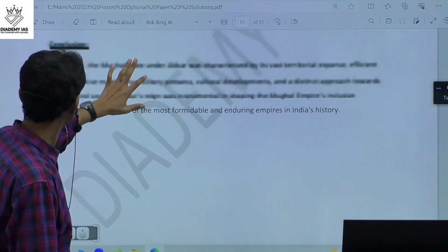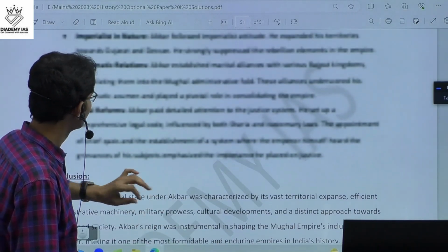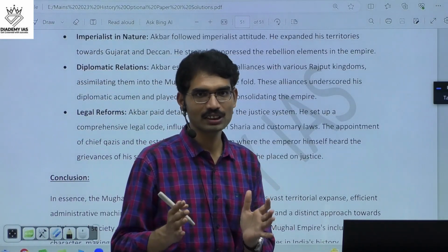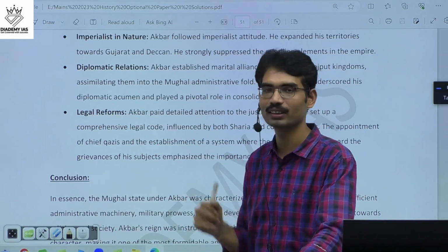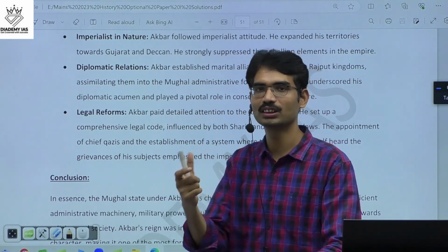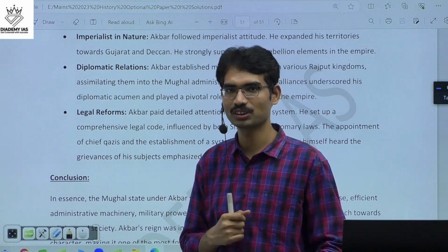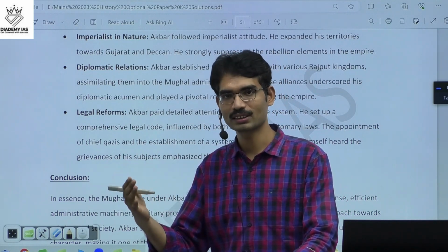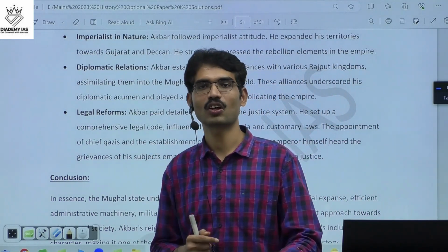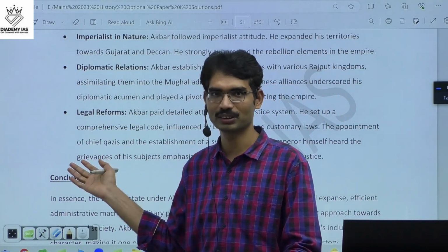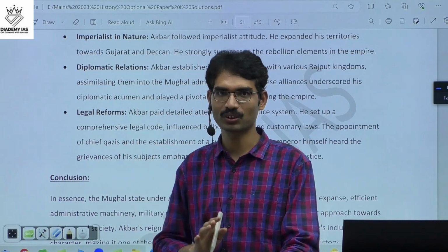So likewise, just mention the nature of Mughal administration under Akbar. Different taxation also, like jizya abolition, pilgrimage tax abolition, openness to all religions, Ibadat Khana, all those principles, open and tolerant policies of Akbar, you will mention. It is one of the straightforward questions.